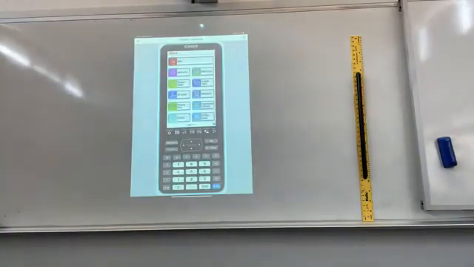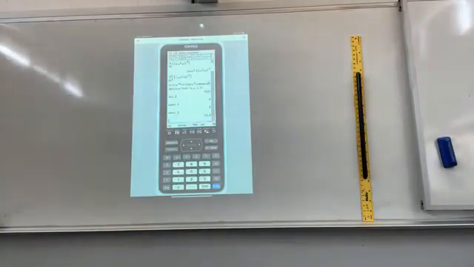The first one is limit n to the infinity. Math 2, limit n to the infinity. Instead of n, I'll just use x to infinity. The infinity sign is there.